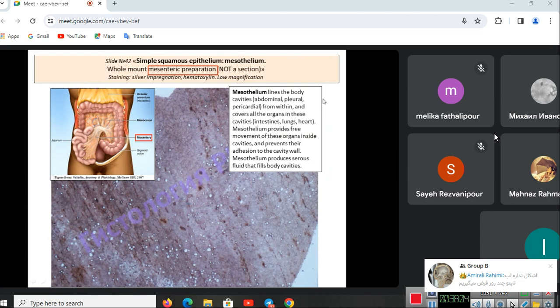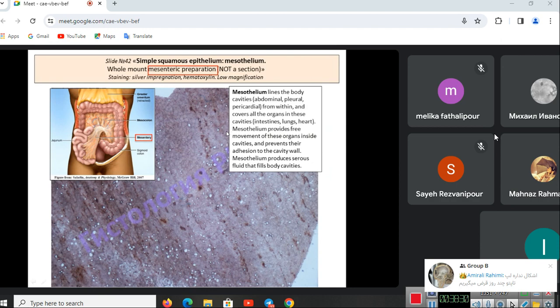So all these cavities are lined with mesothelium, and also mesothelium covers all the organs in these cavities. So the intestines are also covered with this epithelium, mesothelium. Lungs and heart, which are located in the pleural and pericardial cavities, are also covered with mesothelium.